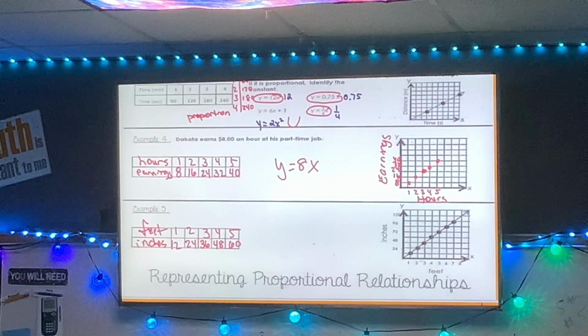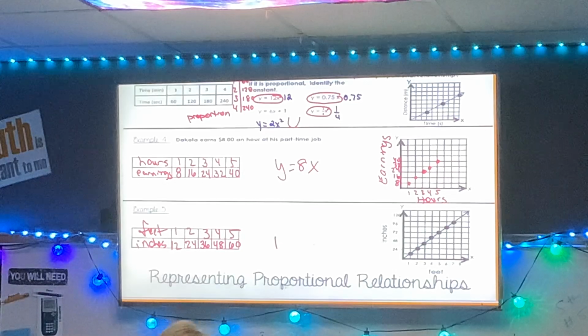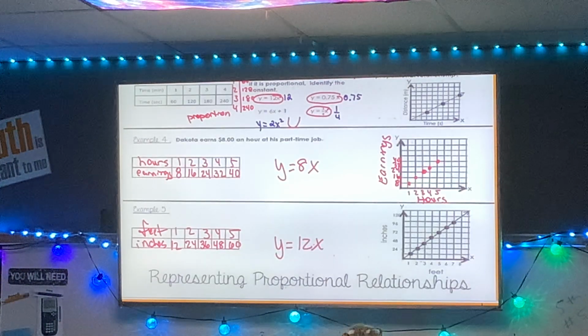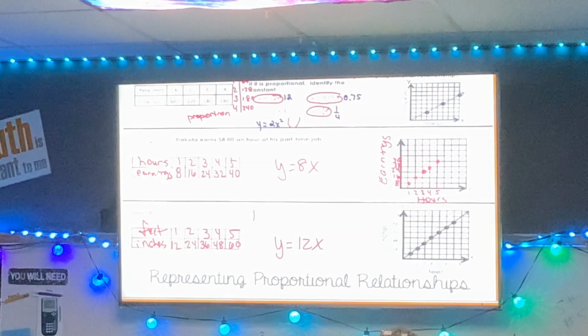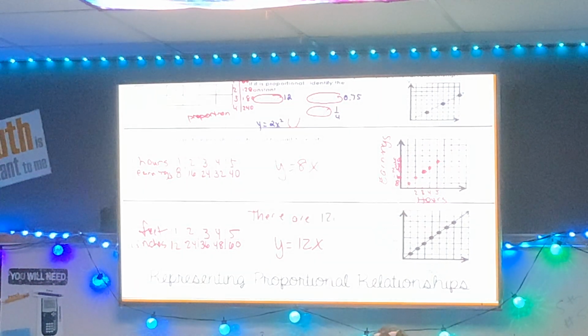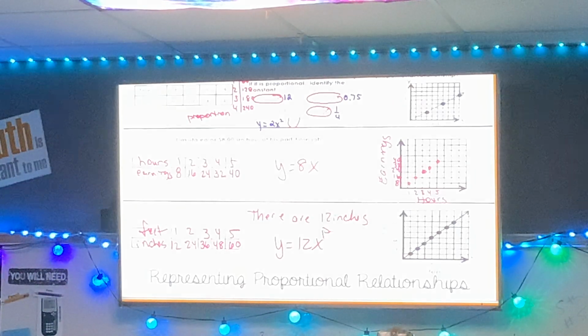If you have 0 feet, you have 0 inches. So do you see it's proportional? So how would you write that equation? Perfect. And there are 12 inches per foot. That's how you could write the statement.